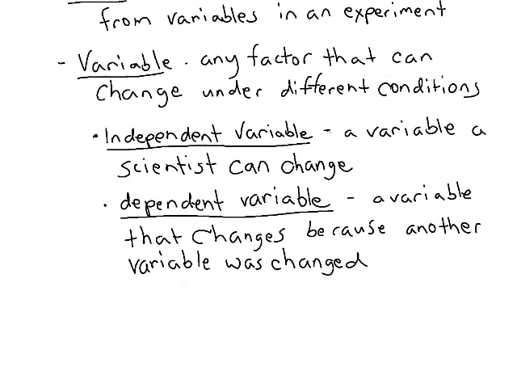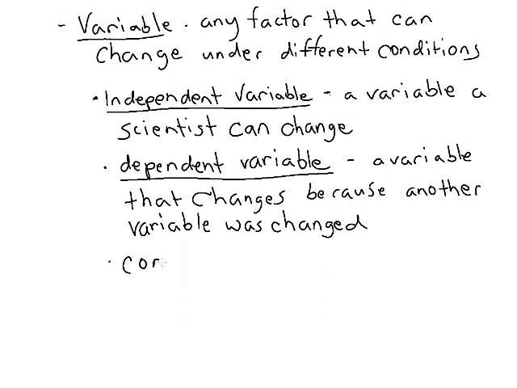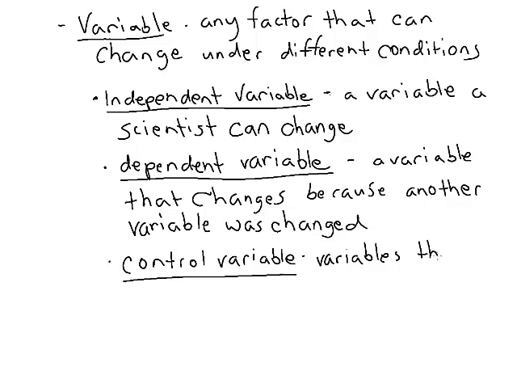A third type of variable are the things that you don't want to change between individual subjects. So in our case, these are the people who have the cold. These are called either control variables or standardized variables.